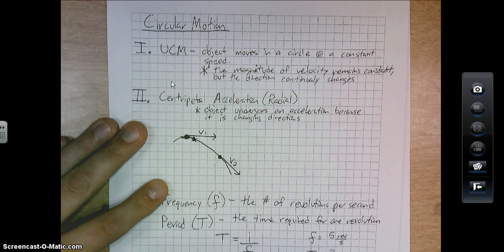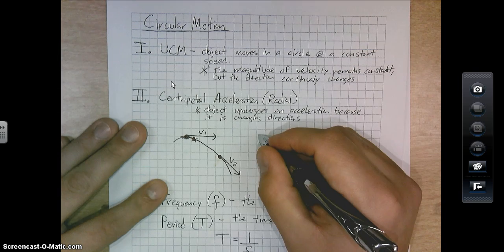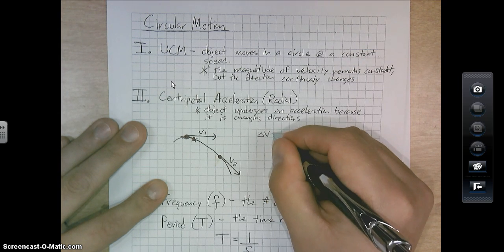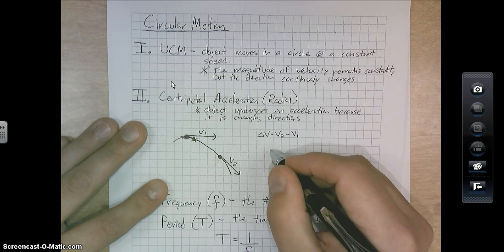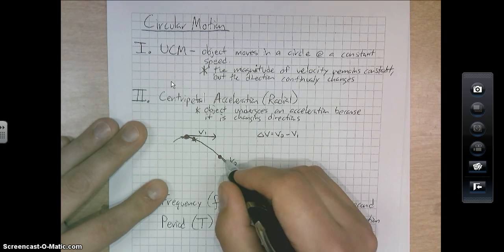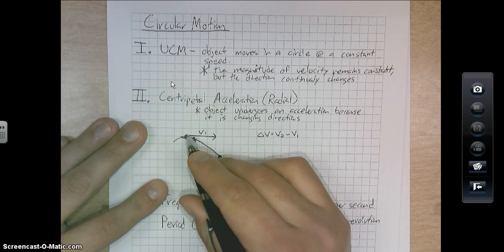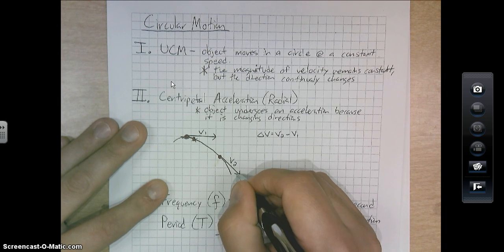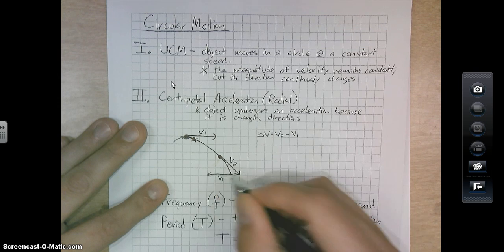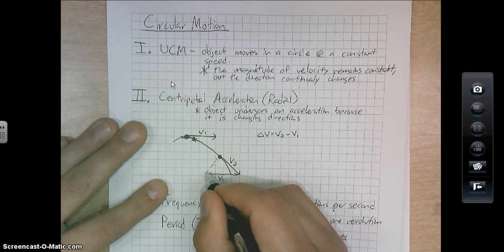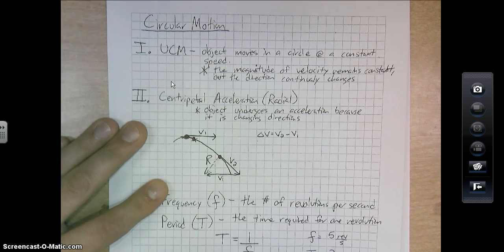Okay, and I'm going to try to draw this as best as I can, but if we know there's a change in velocity, in this case it would be v2 minus v1. So from vectors, this is v2, and if I want to subtract v1, that would be back this way, and you end up with a resultant vector here that is aimed towards the center of the circle.